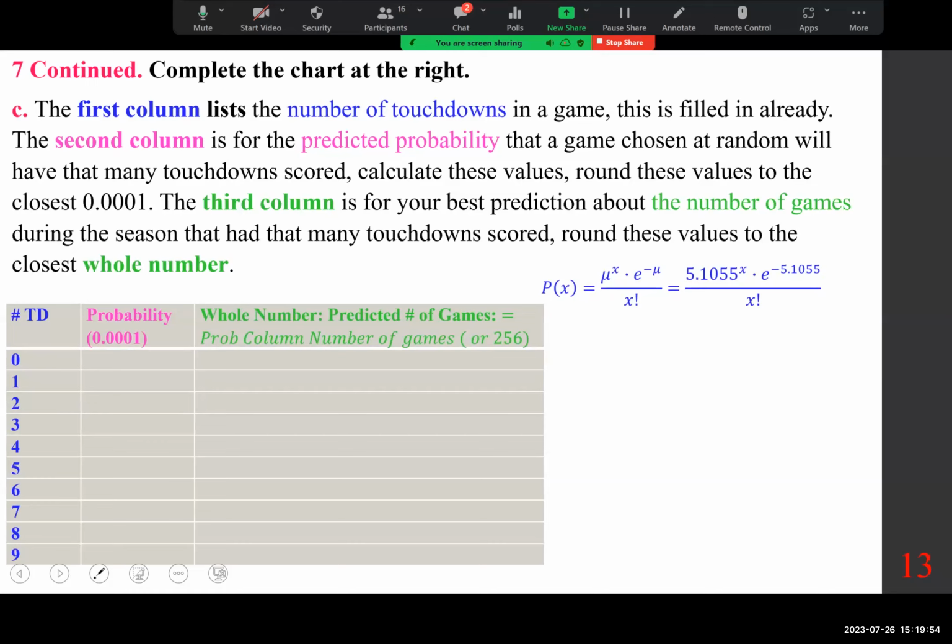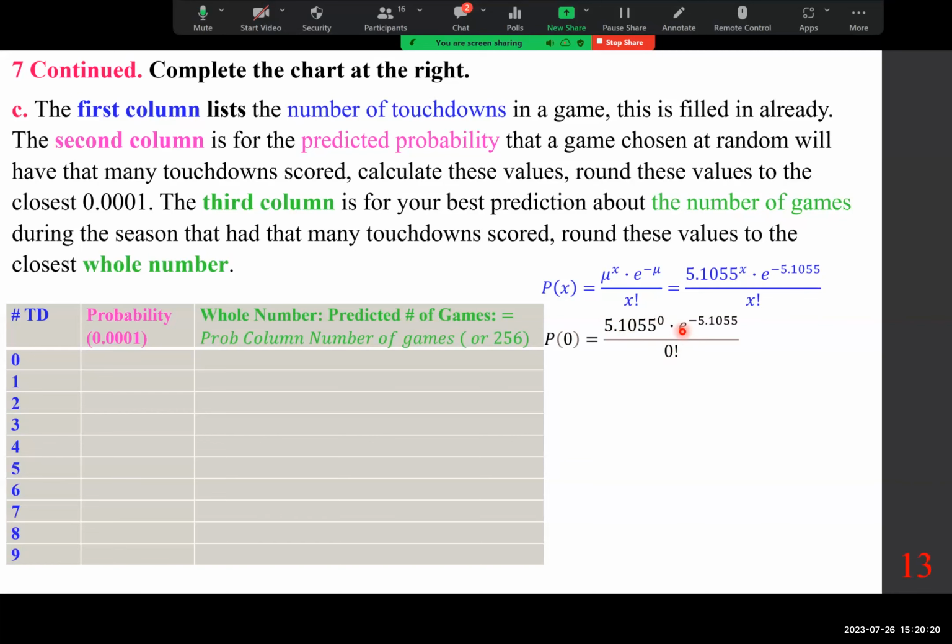Excellent. So we have from the previous page, everything that we have done, the probability of x using this formula is 5.1055 to the power of x e to the power minus 5.1055 over x factorial. So for example, plug in 0. I can put 0 here. And I hope you realize that this to the power of 0 is 1, 0 factorial is 1.